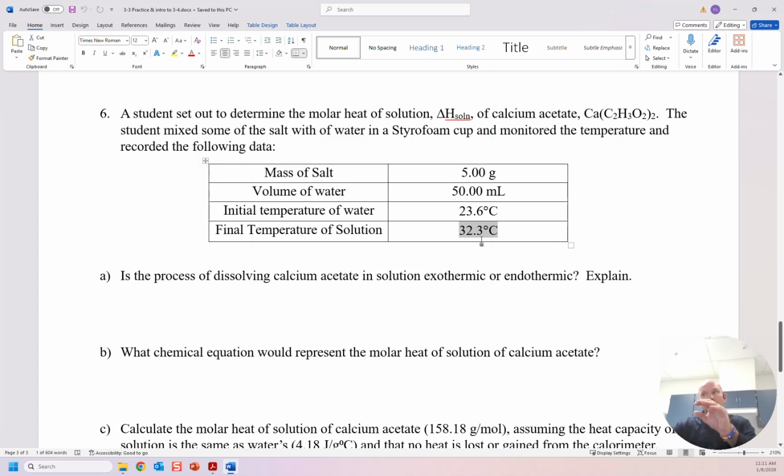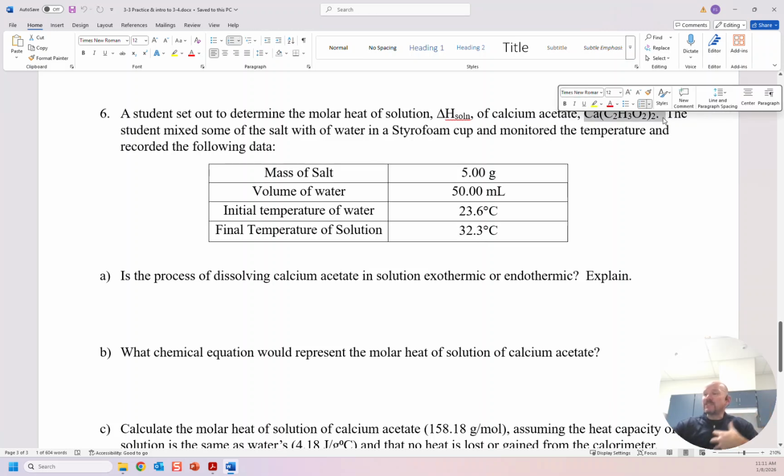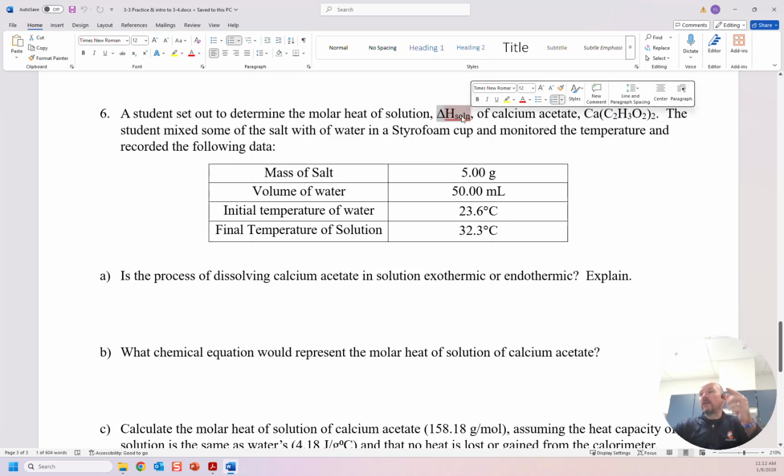And remember, we only monitored the temperature of the surroundings. The temperature increased. So as this salt dissolves, it's releasing energy. Okay? So this is an exothermic process. And so understand, if our end game is to calculate or report the delta H of solution for calcium acetate, right now I know I need to report a negative value because it's an exothermic process.